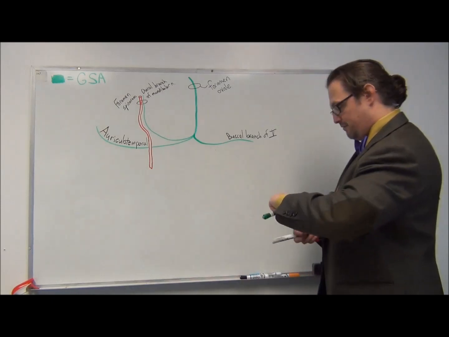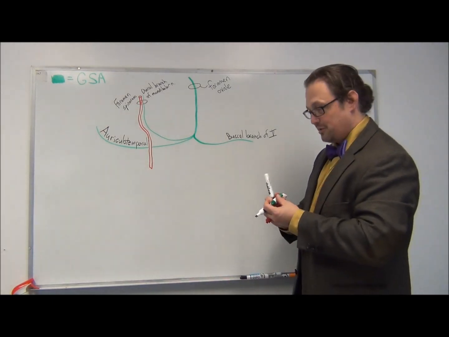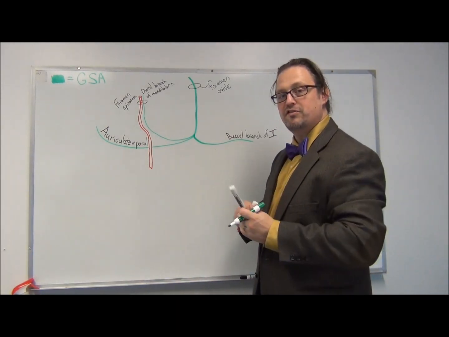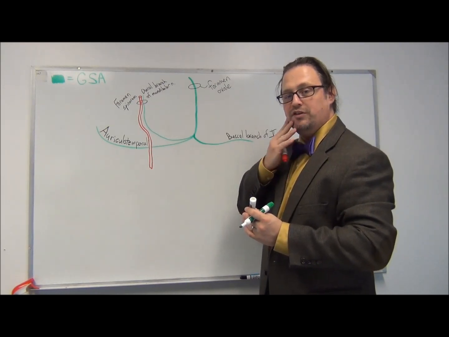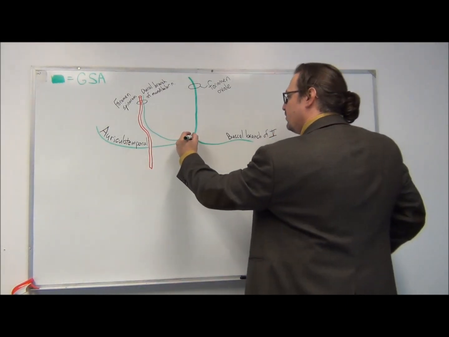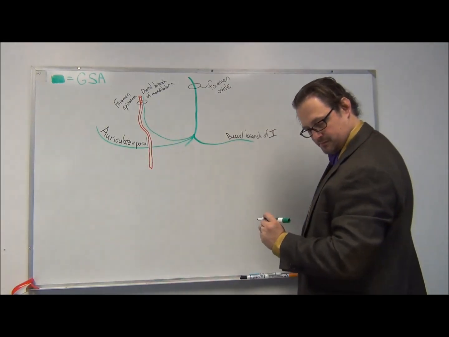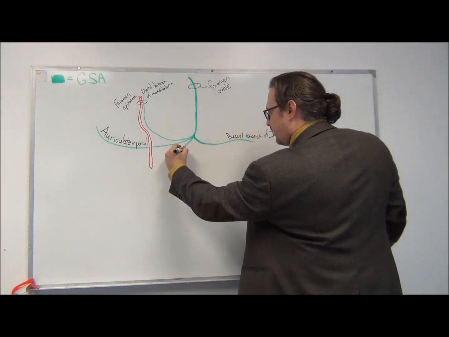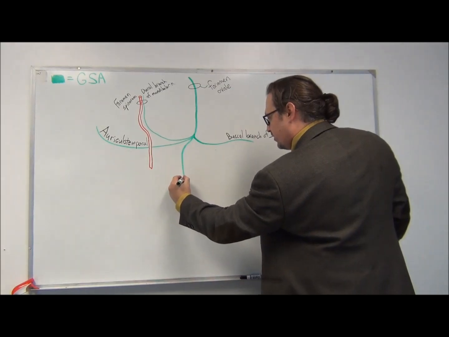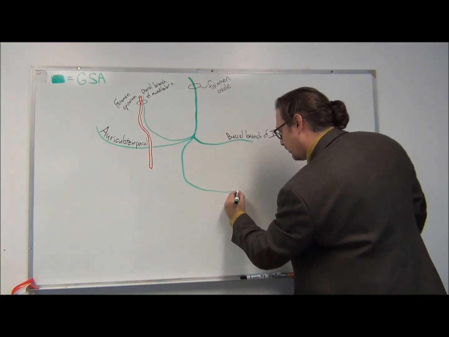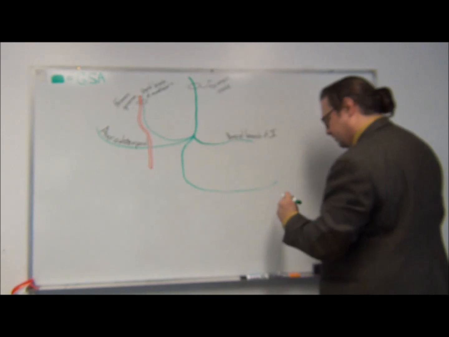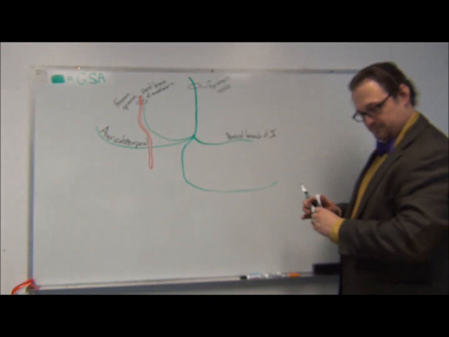Now, after that, we've got a few big sensory branches that are going down to structures of the jaw, both inside and outside the mouth. The first one is going to be a branch that goes inside the mouth, supplies the anterior 2/3 of the tongue.